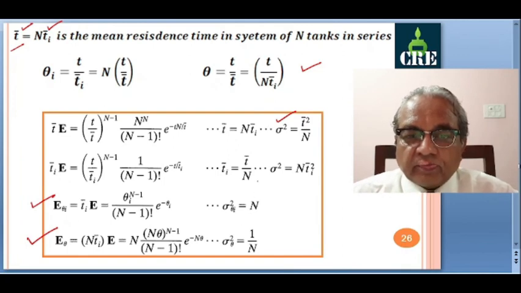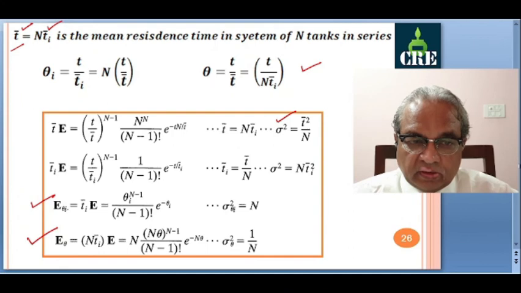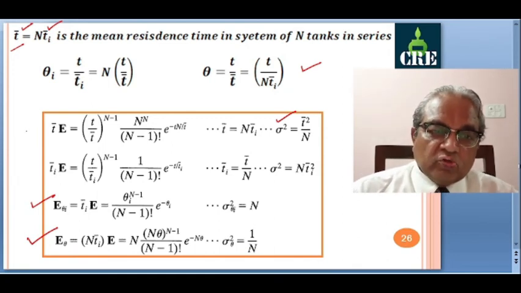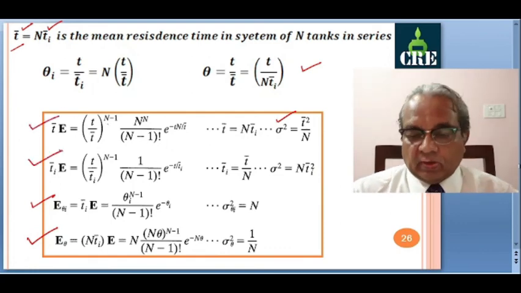And here sigma theta i square is equal to n when variance is calculated for this in dimensionless form. And variance for the system, this is 1 by n. We will use mostly these expressions. Okay.